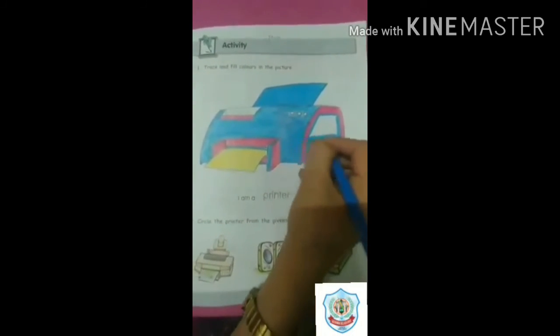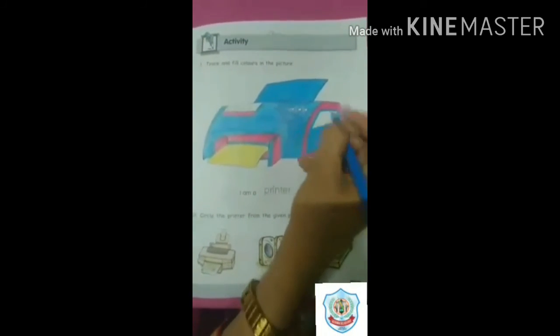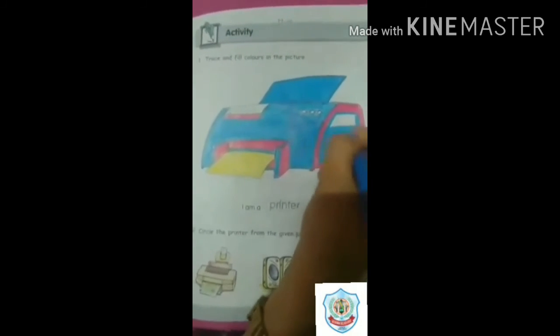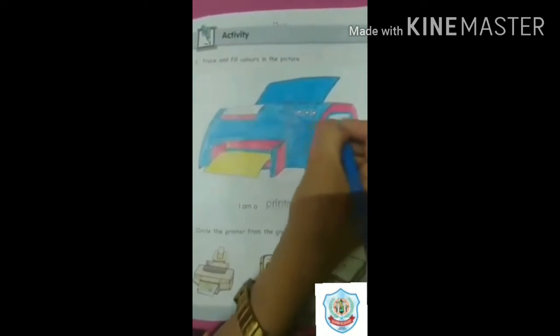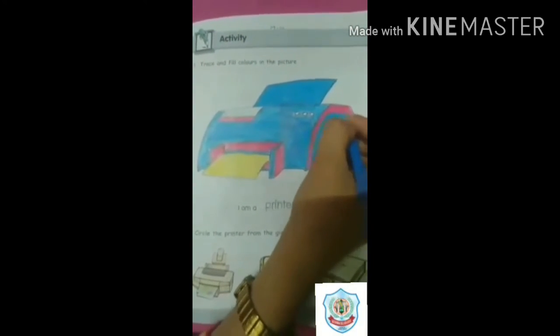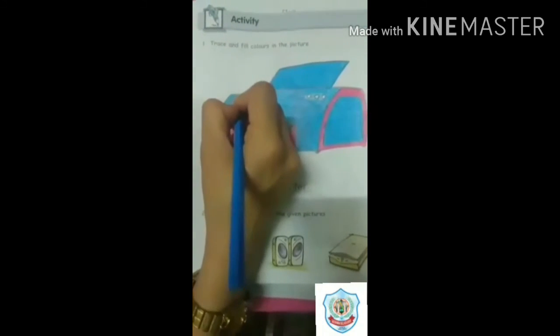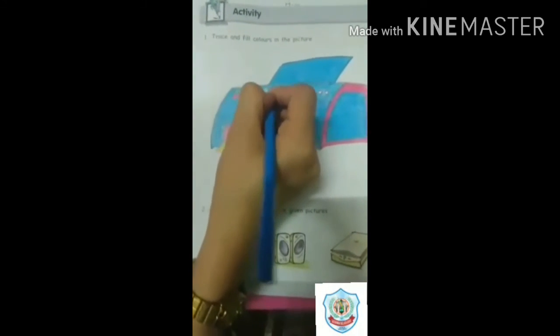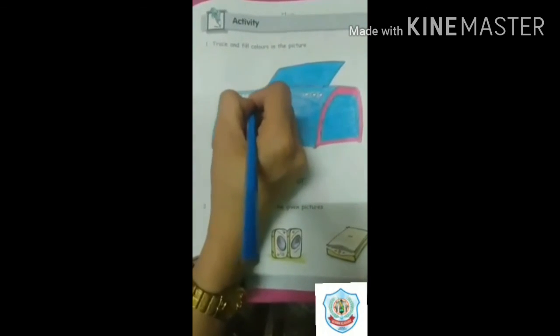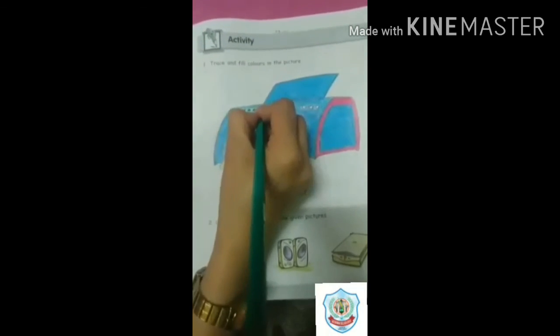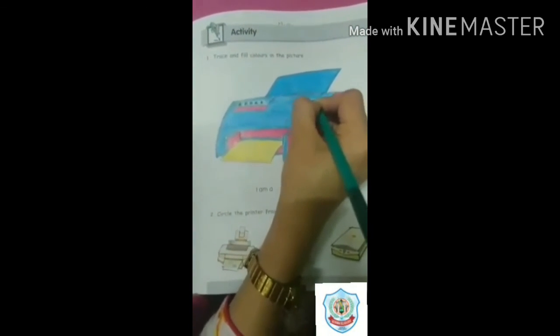I'm filling color very neatly. Students, you can fill the color of your own choice in the printer. I will fill green color in these circles.